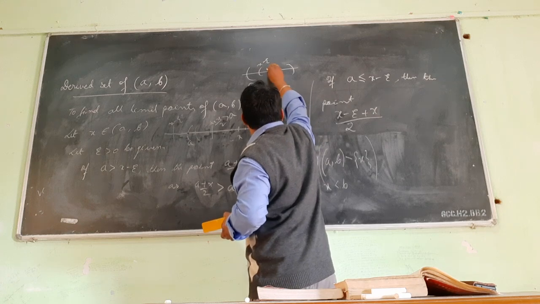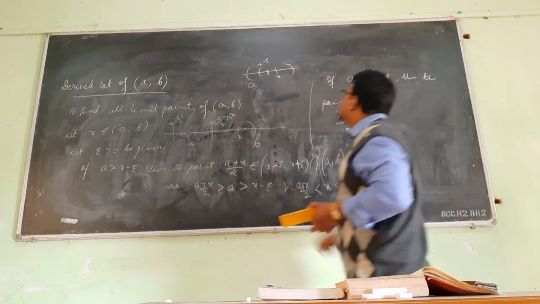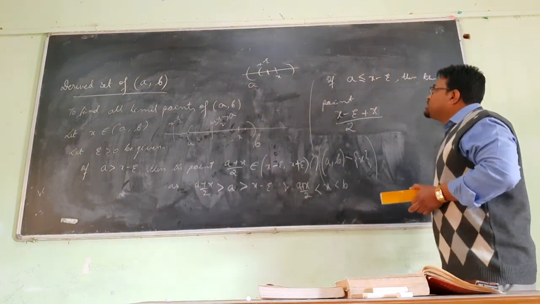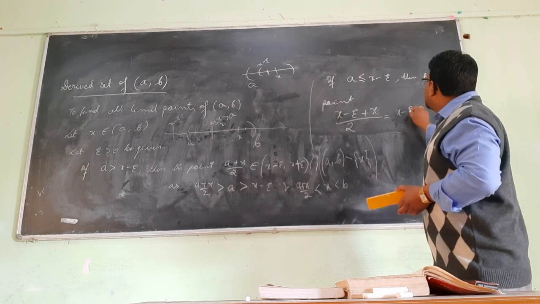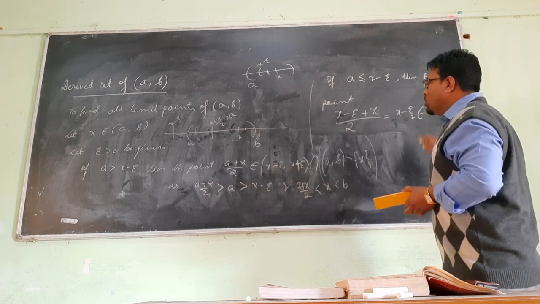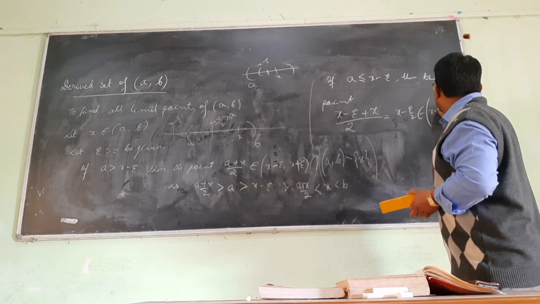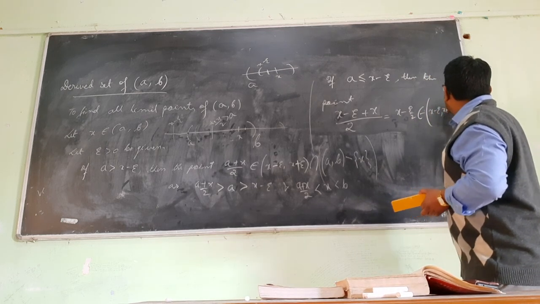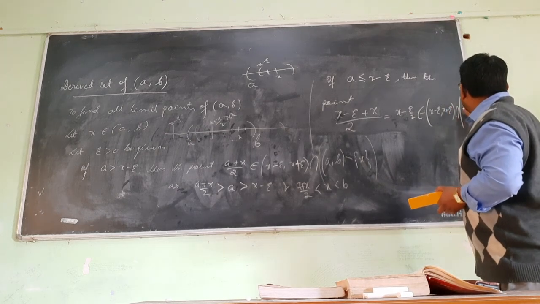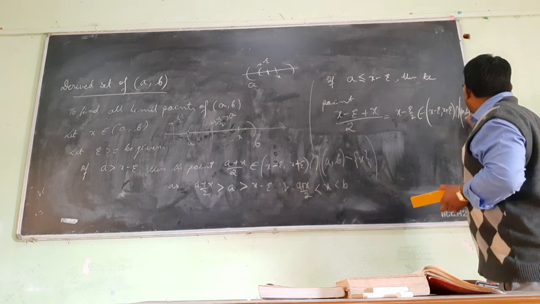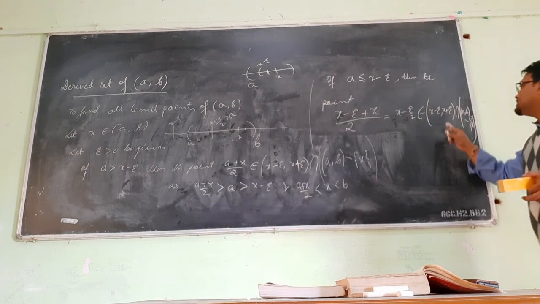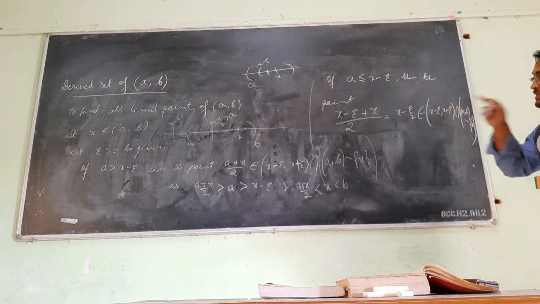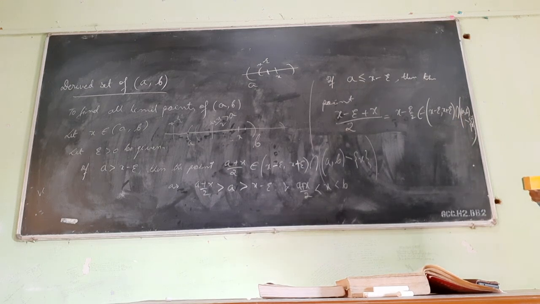So I'll take the midpoint of these two. The midpoint is x minus epsilon plus x by 2, that is, x minus epsilon by 2, which belongs to the interval x minus epsilon, x plus epsilon, intersection with AB, different from x. So this is a point inside this interval which lies in the set and is different from x.